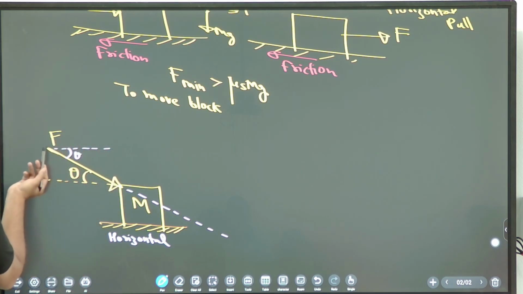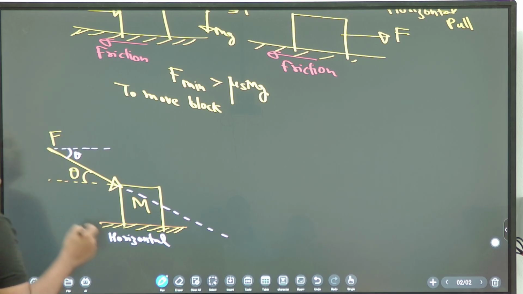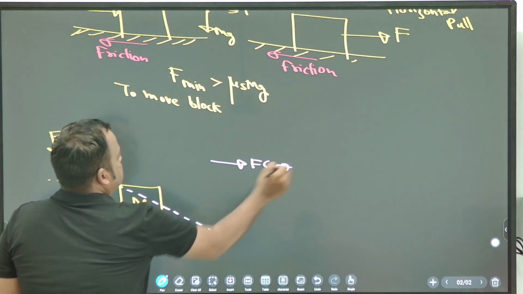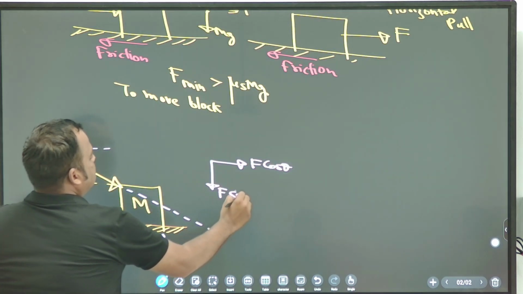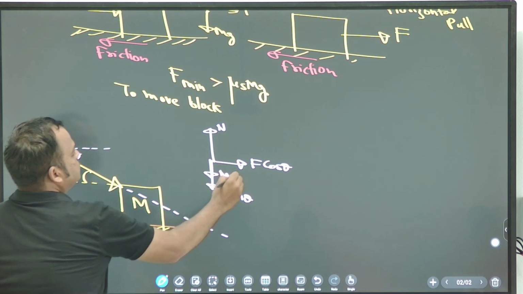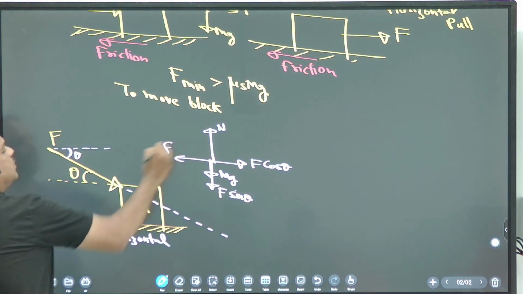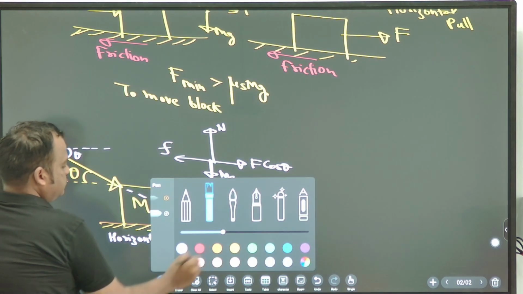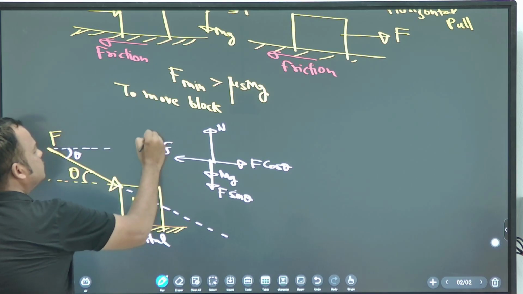Cos. Vertical component? Sine. So this is f cos theta, f sin theta, normal, mg, friction. Understood? Draw this diagram. Small f means friction.